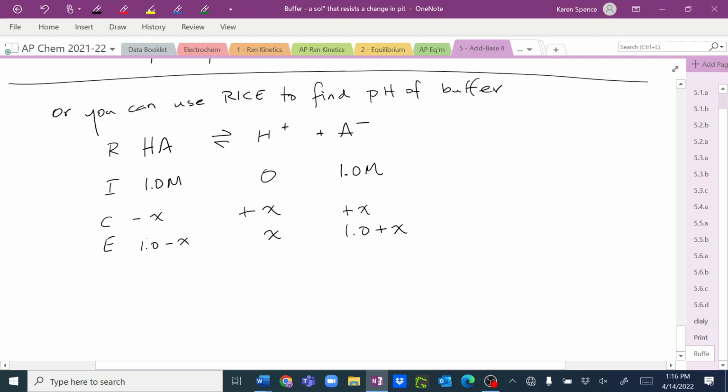What can you say about these? They are approximately equal to each other because we're going to assume in both cases that X is insignificant.